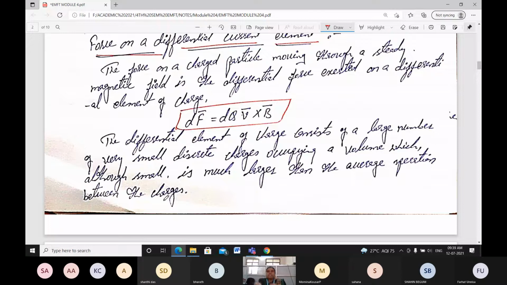In a simple way, in the small part of volume I am going to take, there are a huge number of charges.